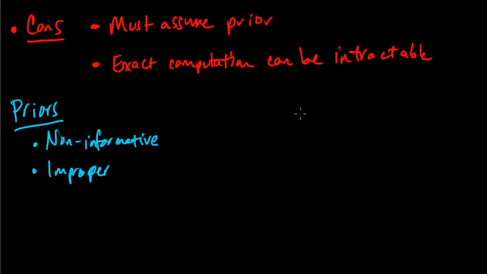An example would be, say you're trying to estimate the location of something, some parameter theta, and it's a real value, and you want to put a prior on it that makes no assumptions about the location of this parameter.